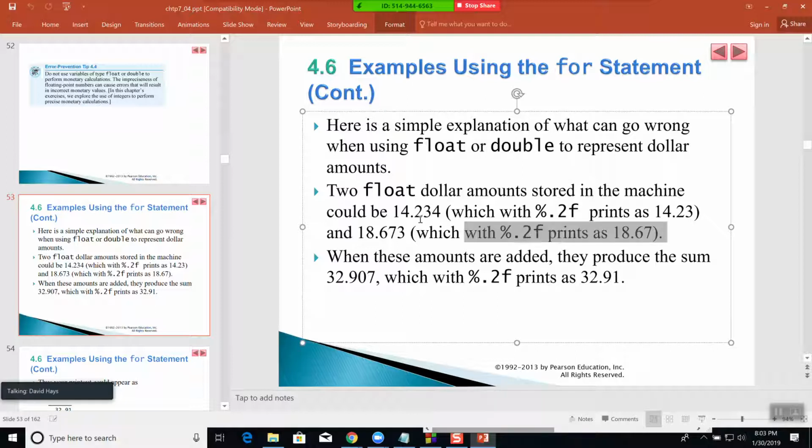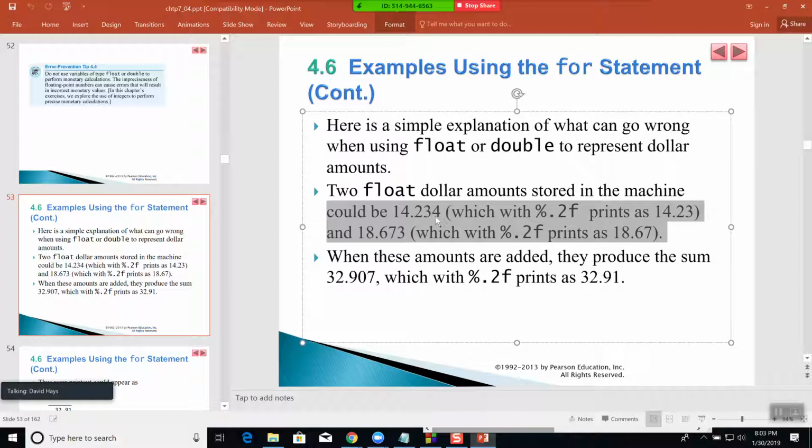What they're implying is that we bring in two amounts with 3 decimal places, but we only print with a dot 2. So we only print 2 decimal places, which means we'd have 14.23 and 18.67. And if you add those together, it does not give you this, which is actually taking 3 digits and adding them together.